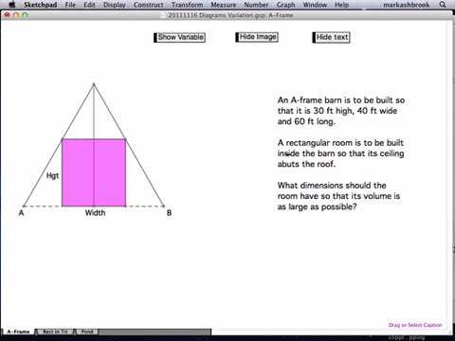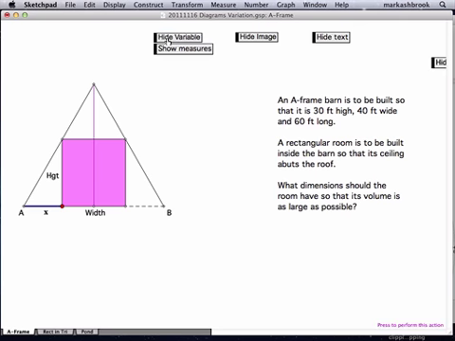He's saying something about the fact that this width can change. Can this width change? And when, say, the width increases, in order for the roof to abut the roof, the height would decrease, right?